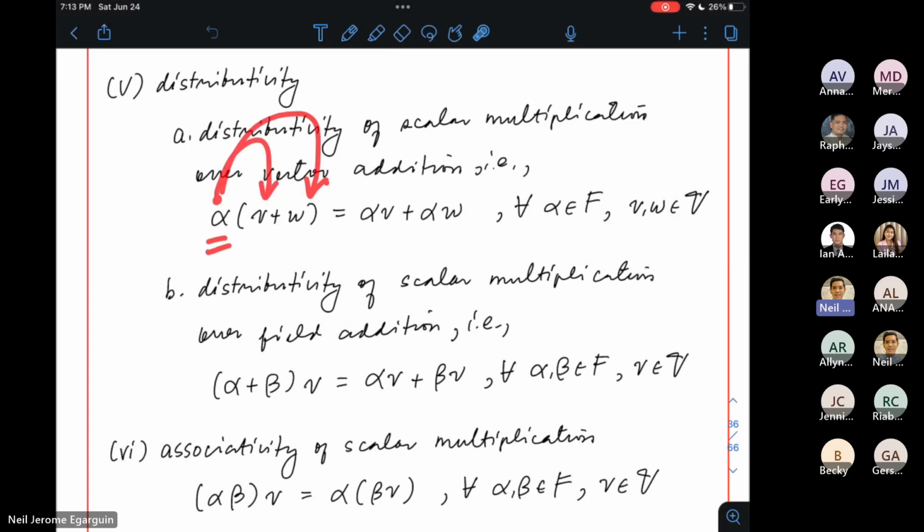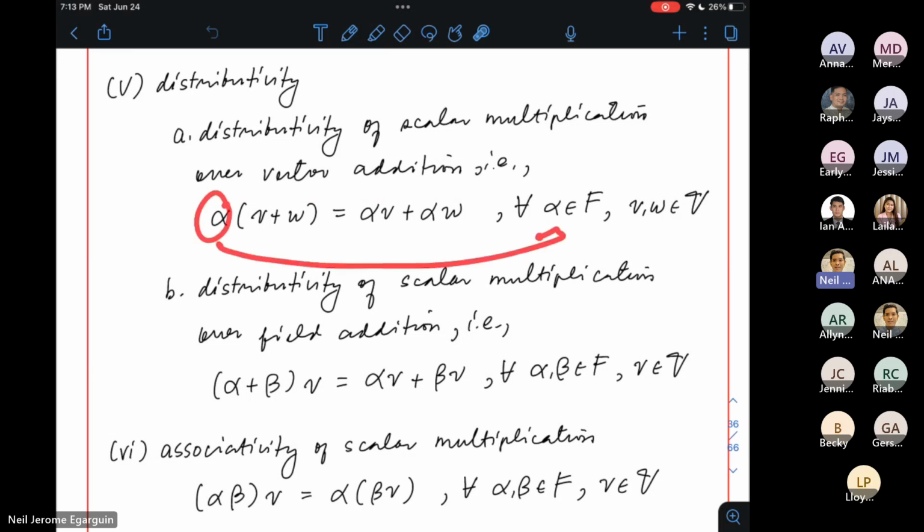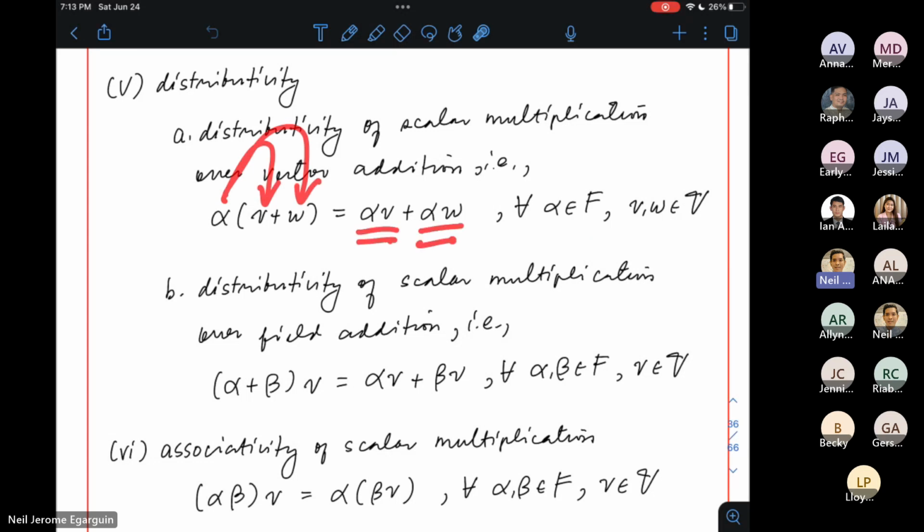Nasa labas yung scalar multiplication, kaya i-distribute mo siya over the vector addition. Alright? So alpha is a scalar. It is an element of the field. So alpha, nanggagaling siya dun sa field. So, ipapasok mo siya dun sa vector sum. So, magkakaroon ka ng alpha v plus alpha w. So, this is required para magkaroon ng vector space.